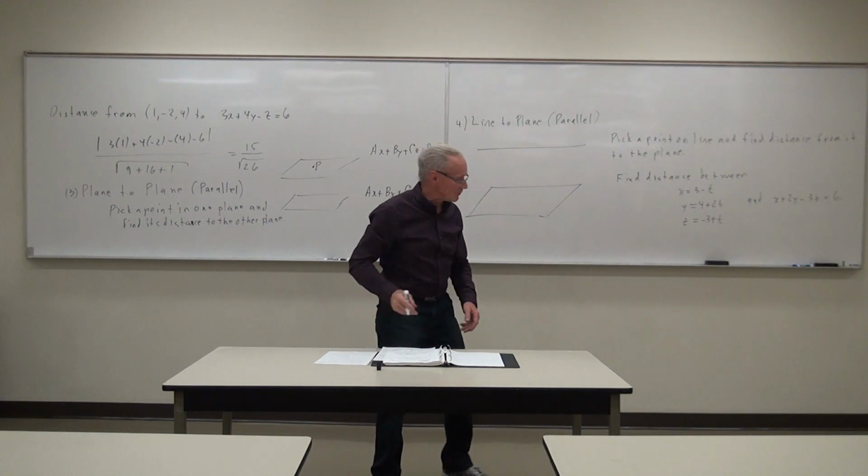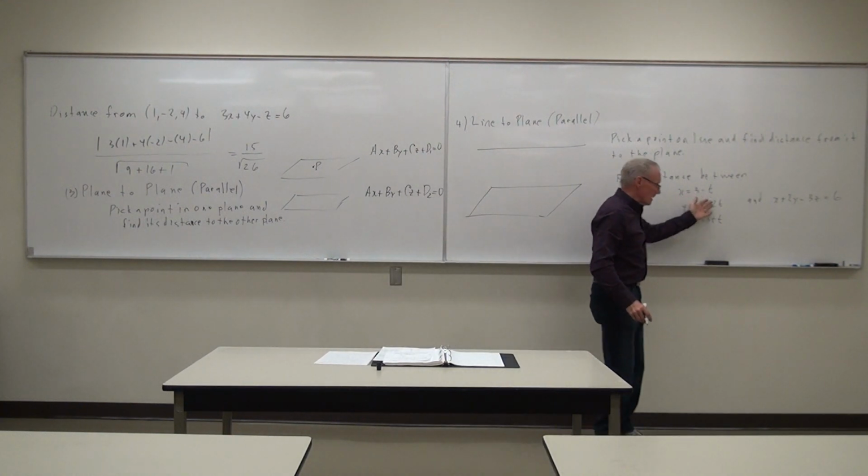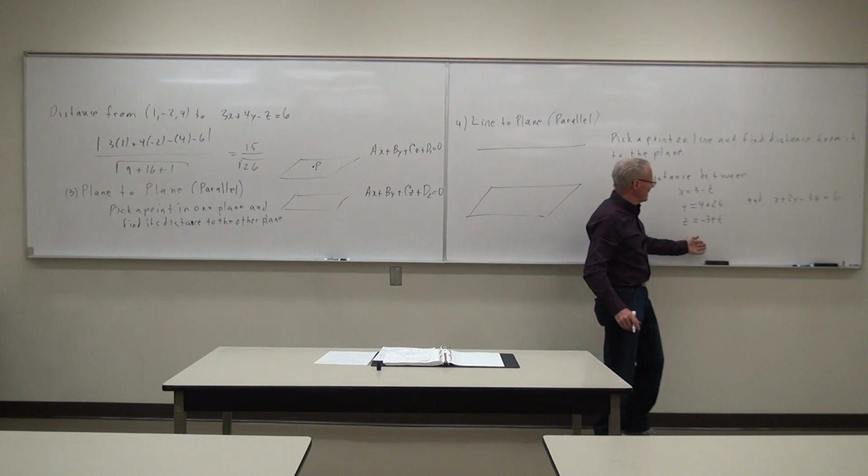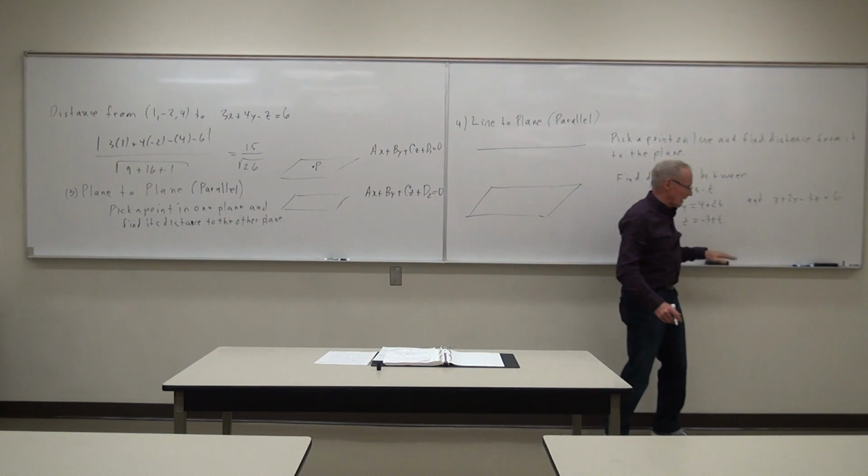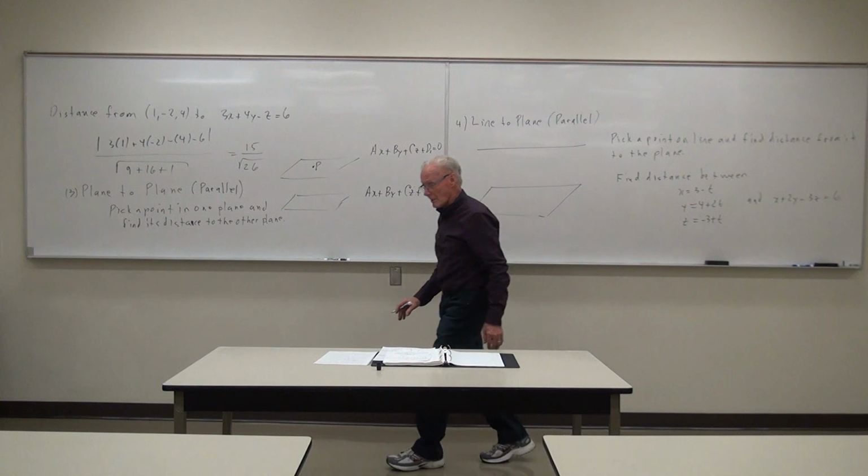And I think we're going to have to agree that this is a line. These are parametric equations for a line, and this is an equation for a plane. So we are talking this scenario.